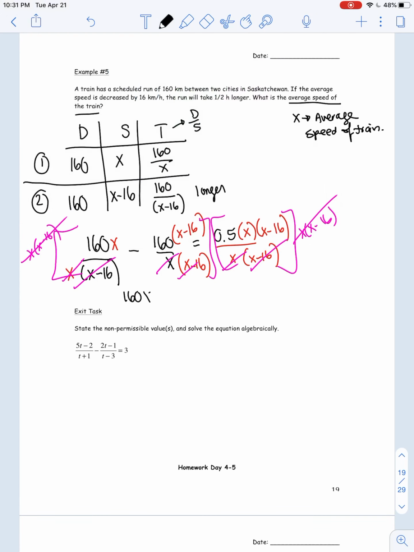So now I have 160x minus, we're going to distribute this minus 160 into the brackets to get minus 160x, and then in your calculator, negative 160 times negative 16 gives me positive 2,560.